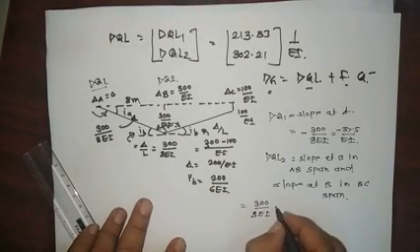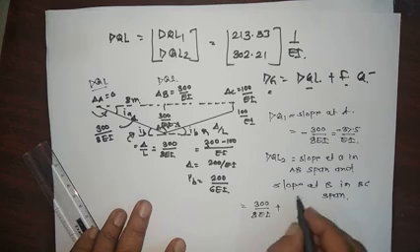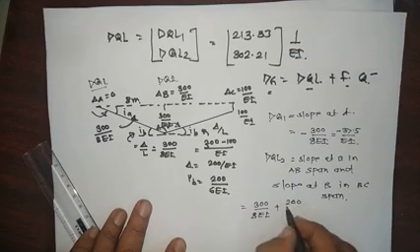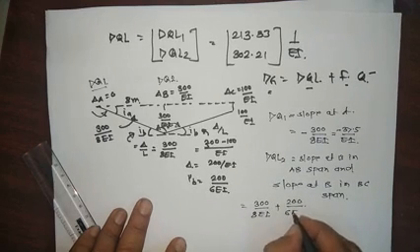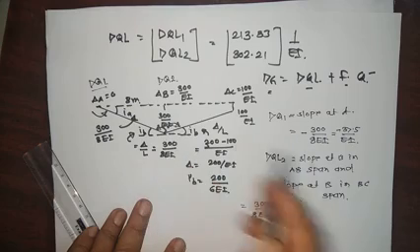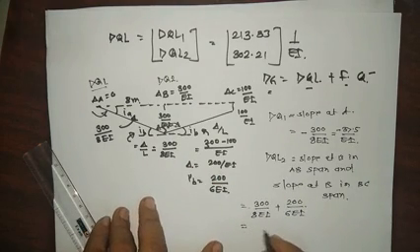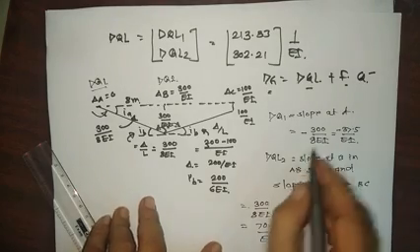So this is 300 upon EI here, and this is 200 divided by 6 EI. The assumed direction and the produced direction are both the same. That is why both values are plus, and this final value is 70.83 divided by EI.